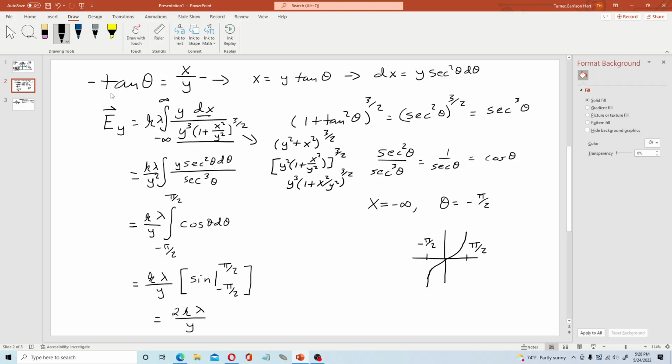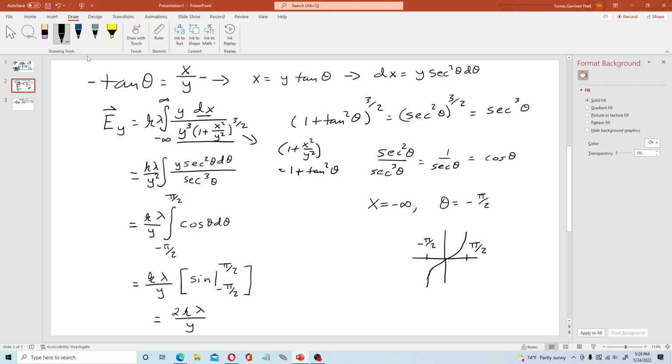But 1 plus x squared over y squared: x over y is tan theta, right? X over y is tan theta, and so 1 plus x squared over y squared is equal to 1 plus tangent squared theta.